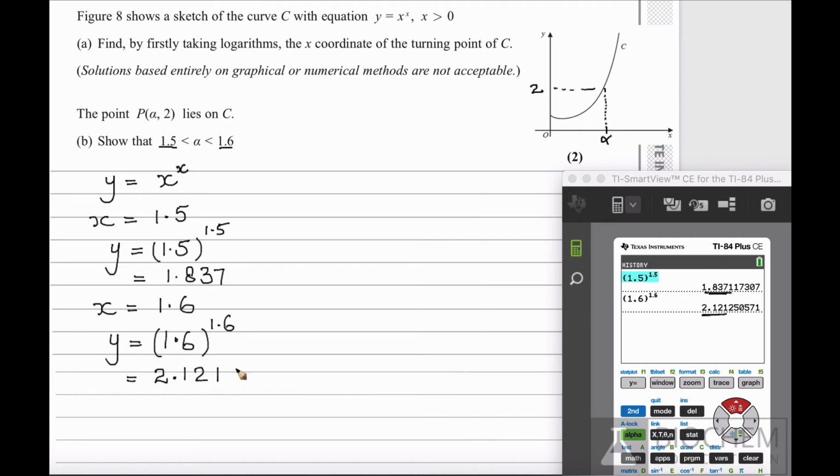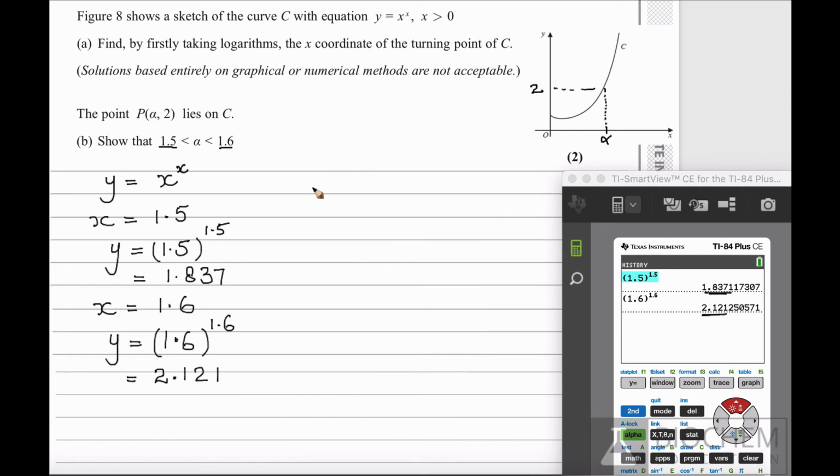Now we can see that when we input 1.6, our y value is greater than 2. And when we input 1.5, our y value is less than 2. Hence, our alpha will lie somewhere in between 1.6 and 1.5. But we have to write this down for the examiner to get the marks.